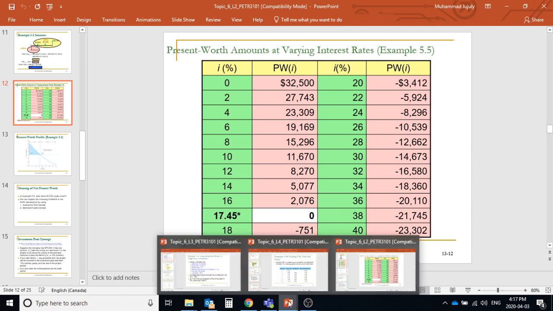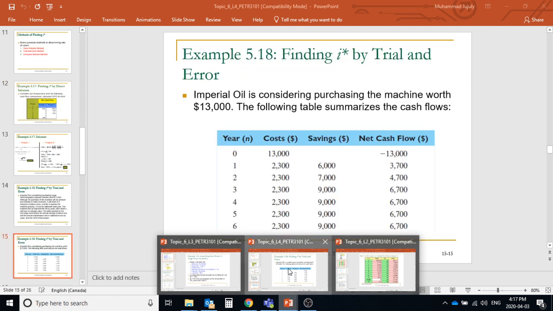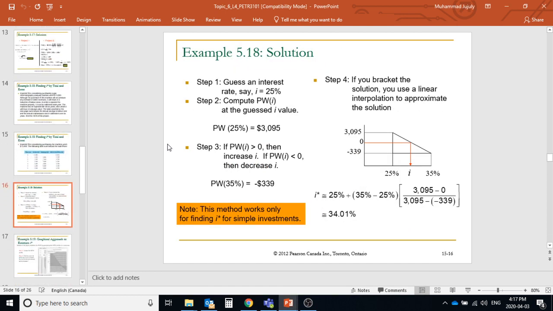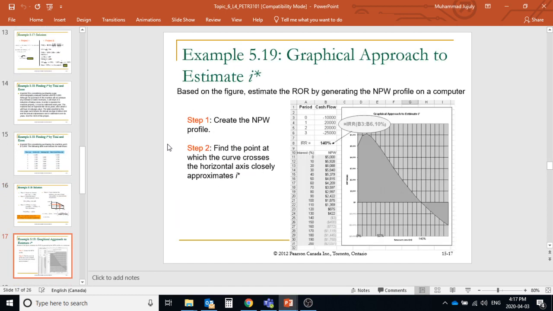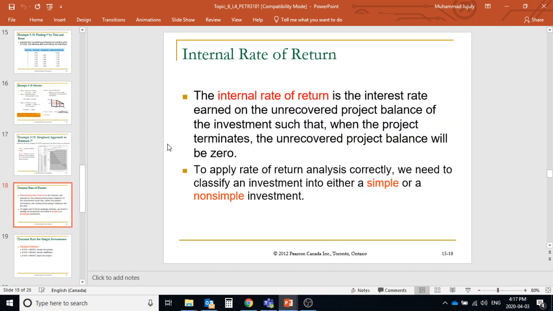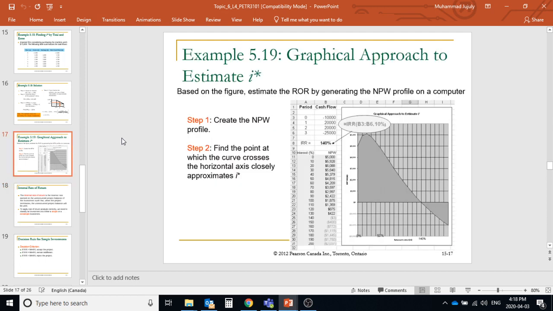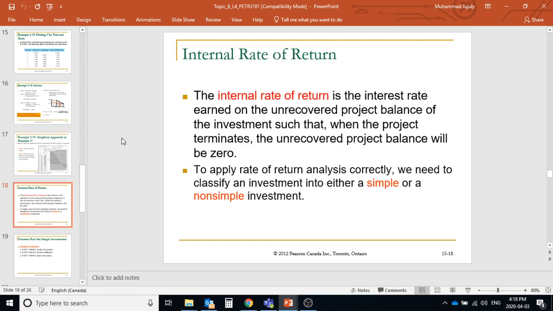That is the iterative method, how we do the trial and error and find the i. And this is the graphical approach using the computer. It's an important concept, okay? Do this problem, do the examples, and if you have questions, just let me know.